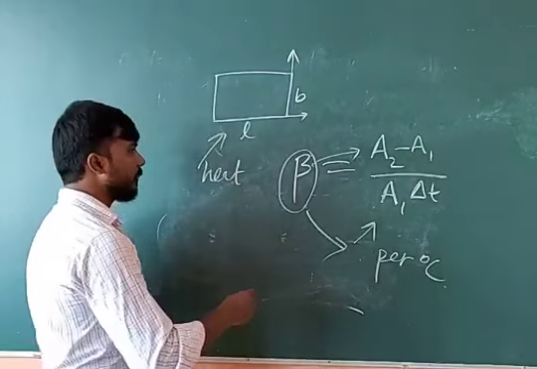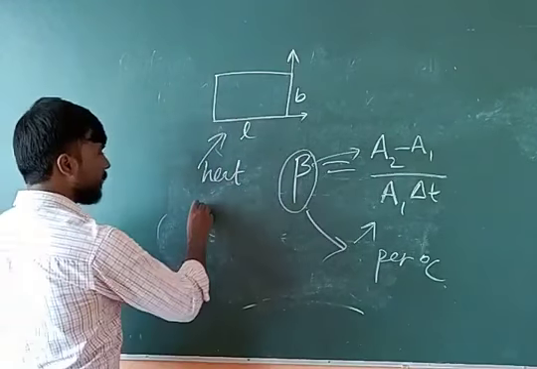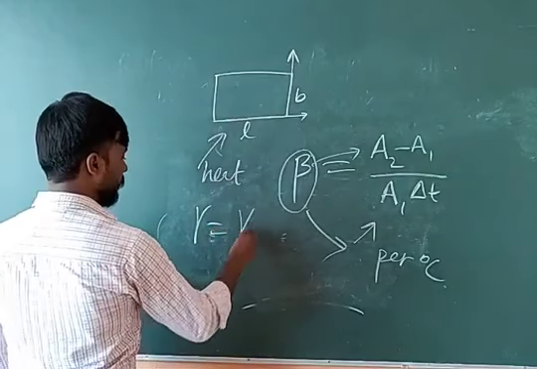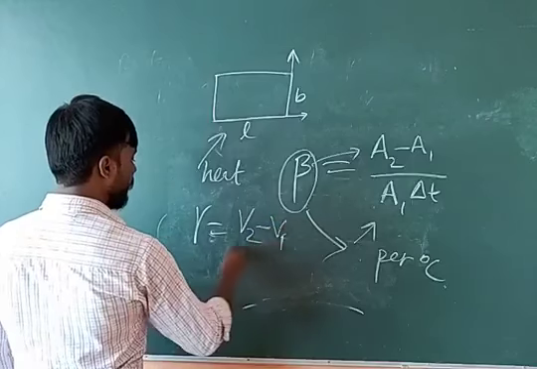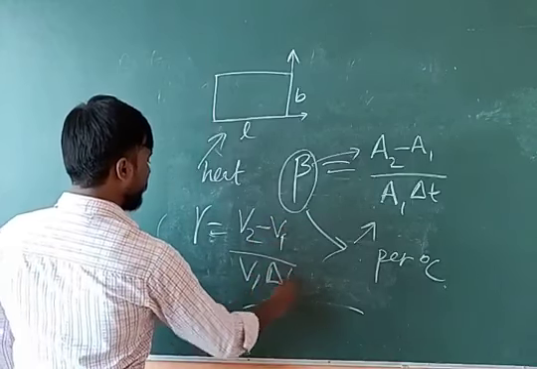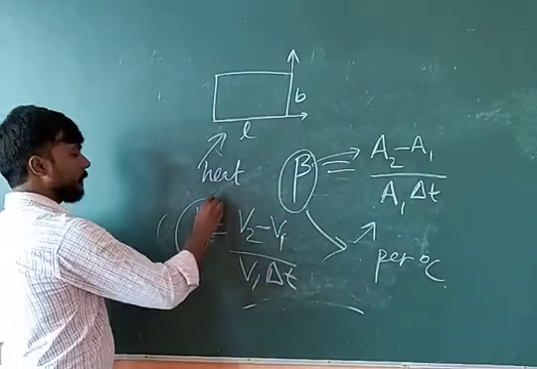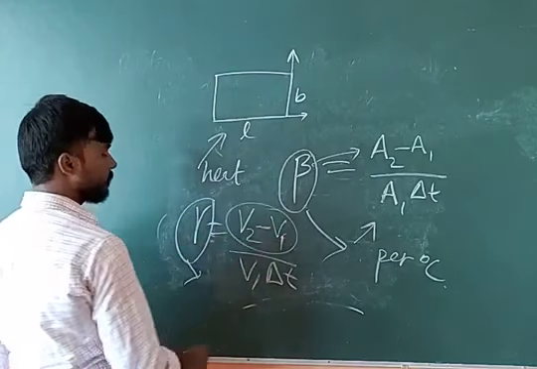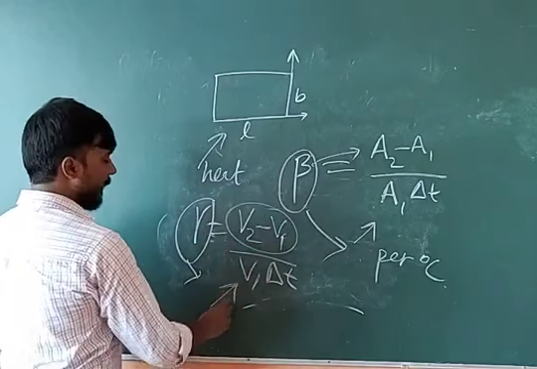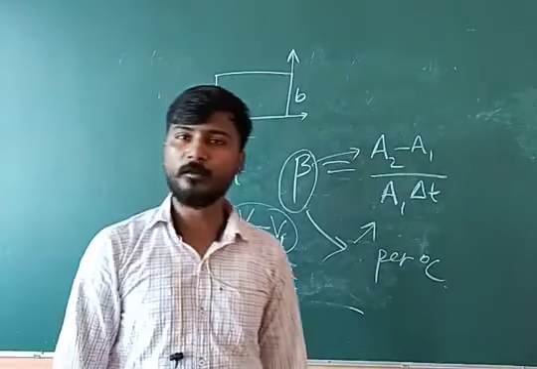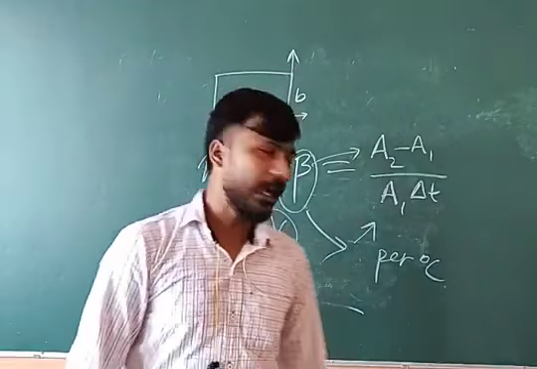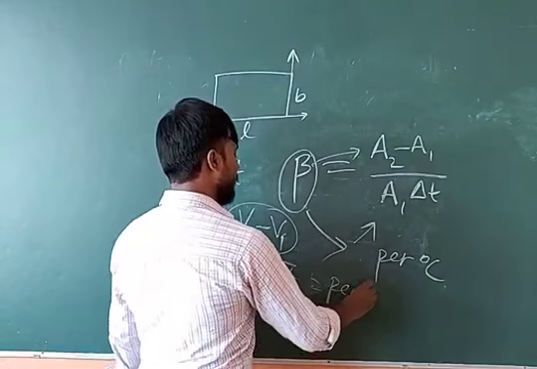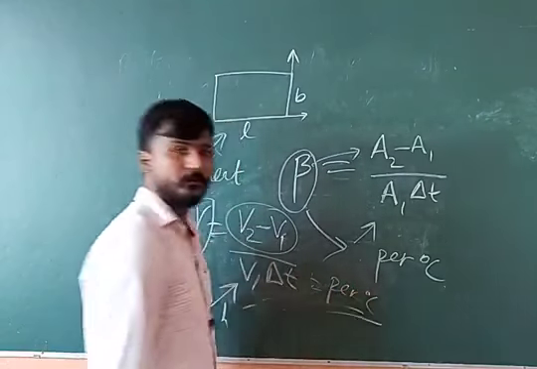The coefficient of volumetric expansion is denoted by gamma, equal to change in volume, V2 minus V1, by V1 delta T. It is the change in volume when we supply heat to 1 meter cube of volume by 1 degree centigrade. Clear? And the unit is per degree centigrade.